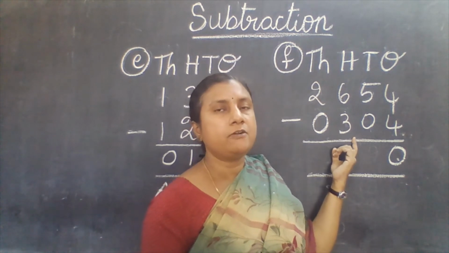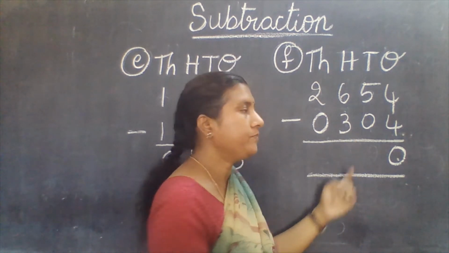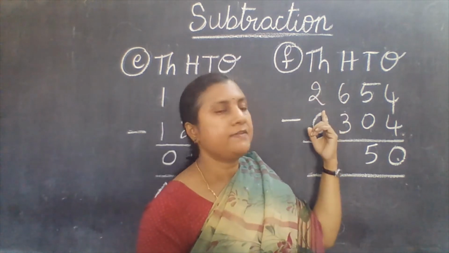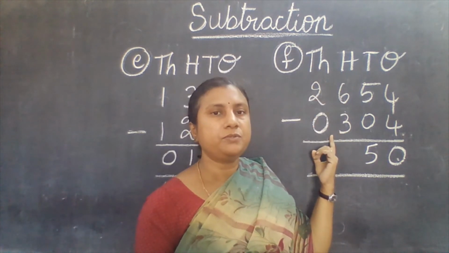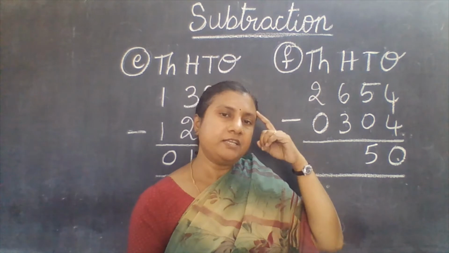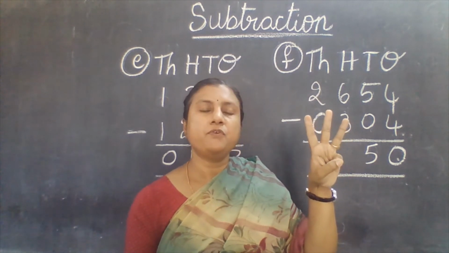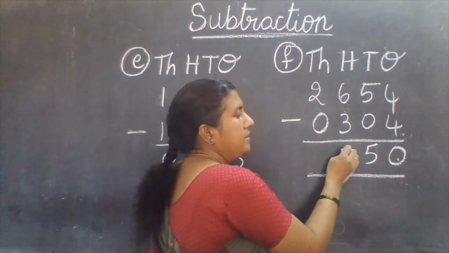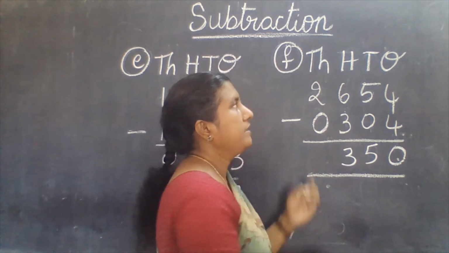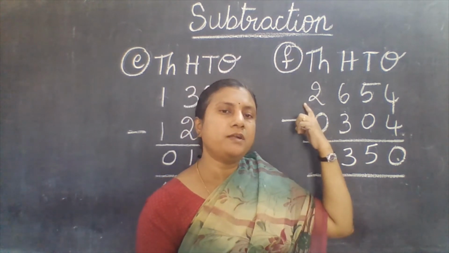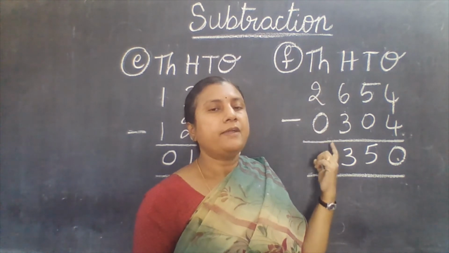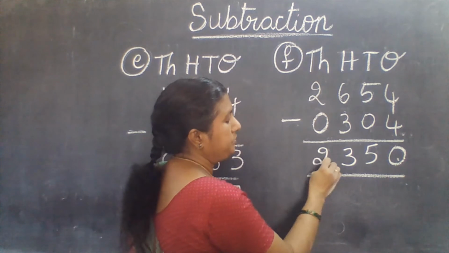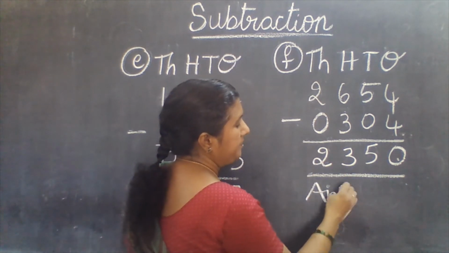According to 0 property, the difference will be 5. In hundreds place, we have 6 and 3 to subtract. So 6 in your mind, 3 in your fingers. Before 6: 5, 4, 3. So what is the difference? 3. In thousands place, we have 2 and 0 to subtract. According to 0 property, the difference will be the same number, 2.